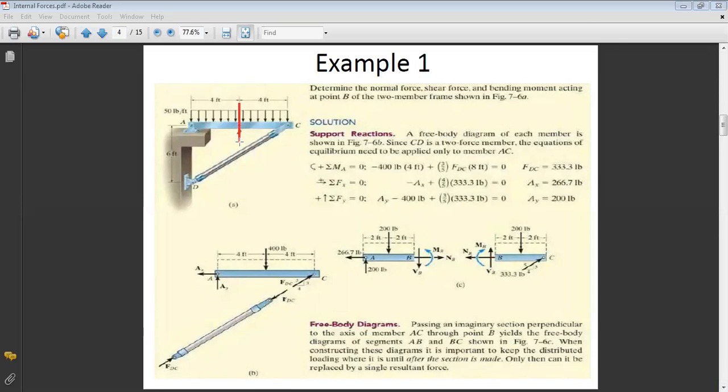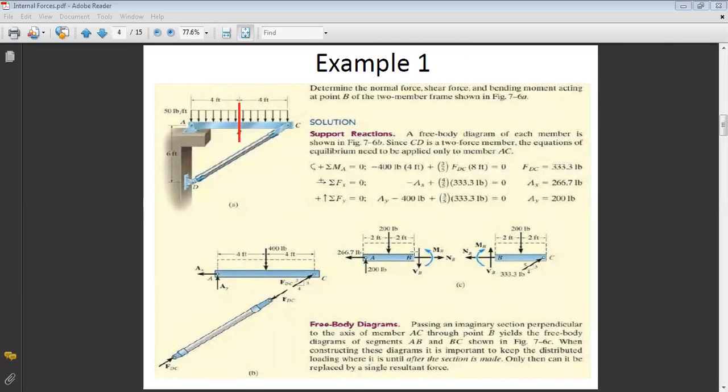In order to do this, always remember that before I do the section to find my internal forces, I should first find the external forces. Because if I do a section and I don't know the reaction at A, for example, I cannot solve for my unknowns.